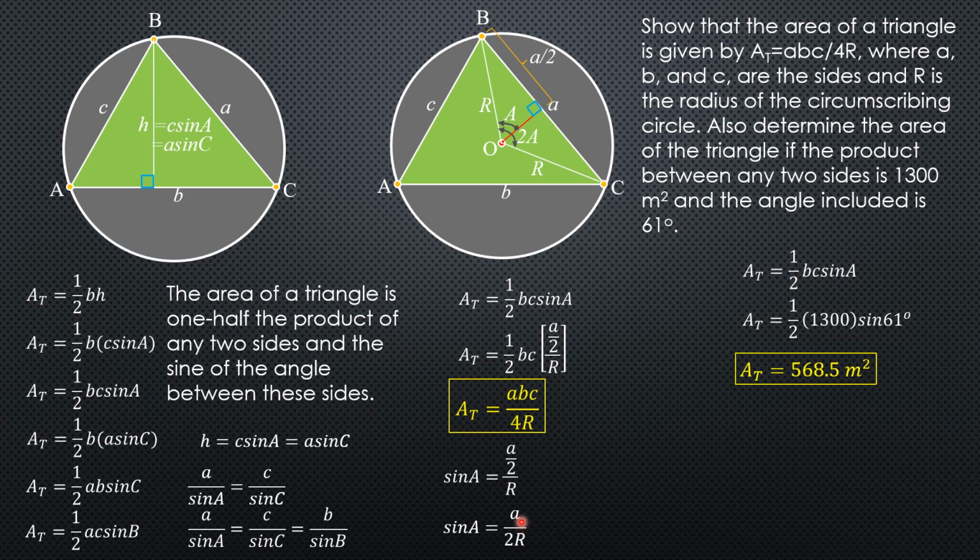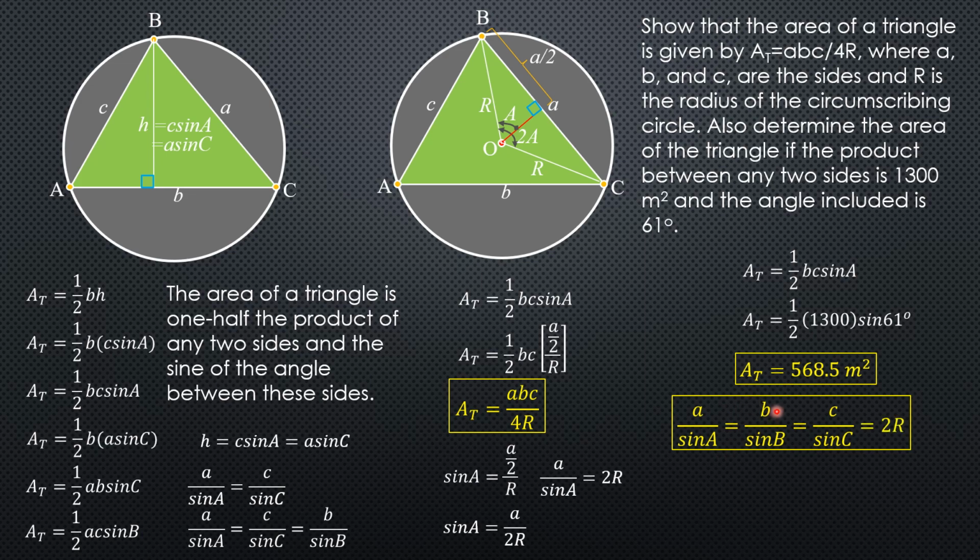So therefore A divided by sine angle A, which is equal to B over sine angle B, which is equal to C over sine angle C, is constant really, and it is equal to the diameter of the circumscribing circle. 2R is the diameter. So A over sine angle A is equal to 2R. By sine law, remember A over sine angle A equals B over sine angle B equals C over sine angle C equals 2R.